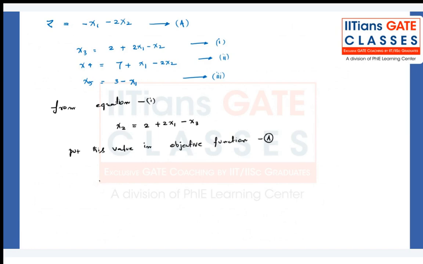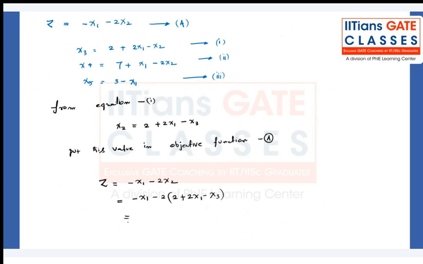Now my objective function z is equal to minus x1 minus 2x2. If I write that, then minus x1 minus 2 into, what is my x2? x2 is equal to 2 plus 2x1 minus x3.